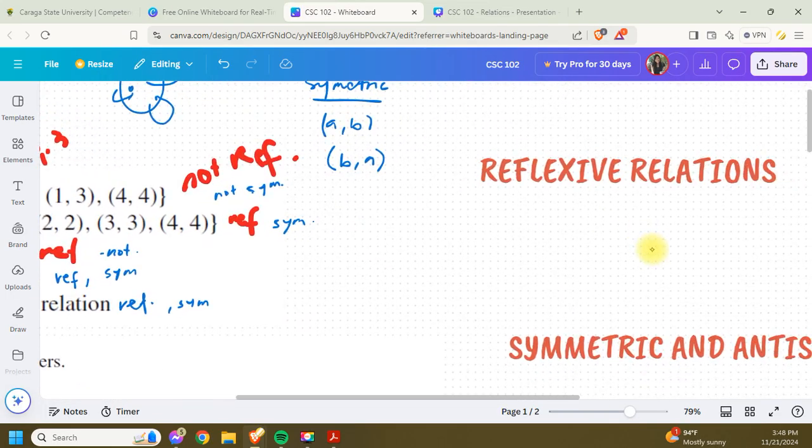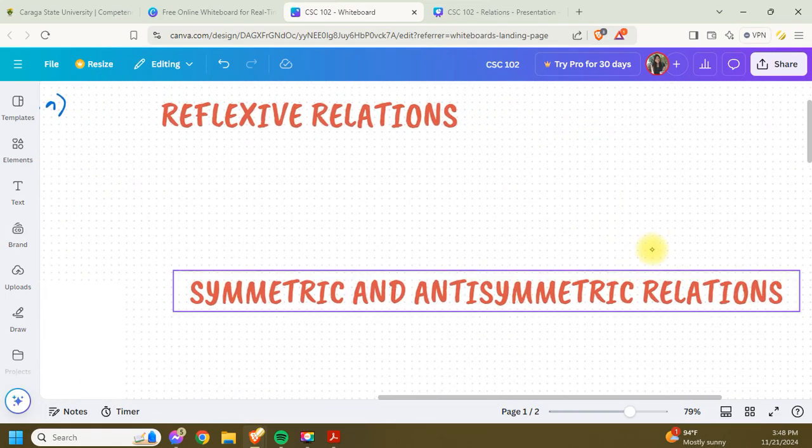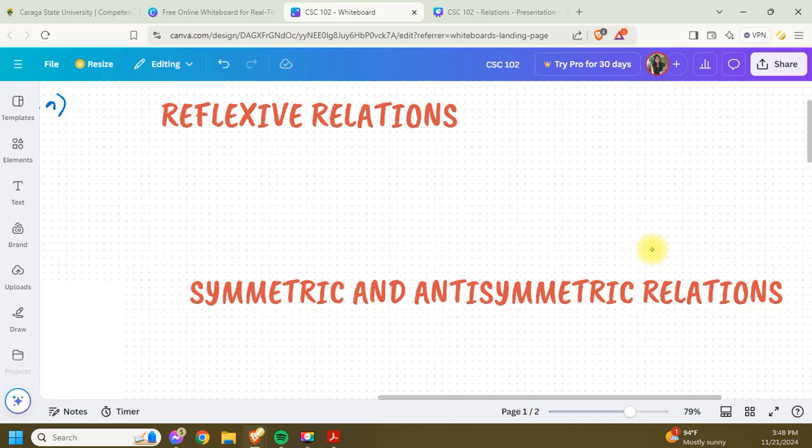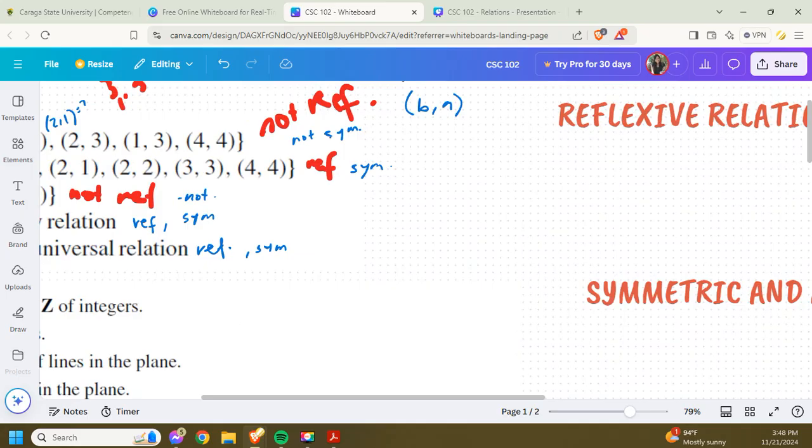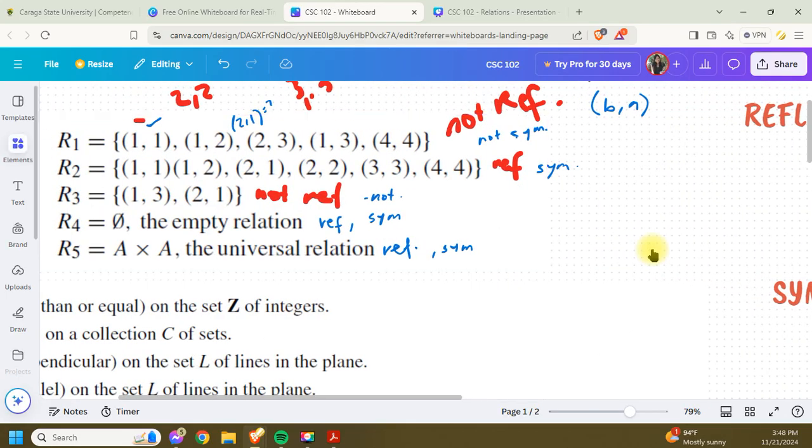So here we have the antisymmetric. What is antisymmetric? Antisymmetric relations are those where there is no way a symmetric relation exists in your set of relations. So say for example, this one here, R1 is not antisymmetric. It is also not symmetric because of the existence of 1,1. 1,1 is symmetric, so it has a member that is symmetric.